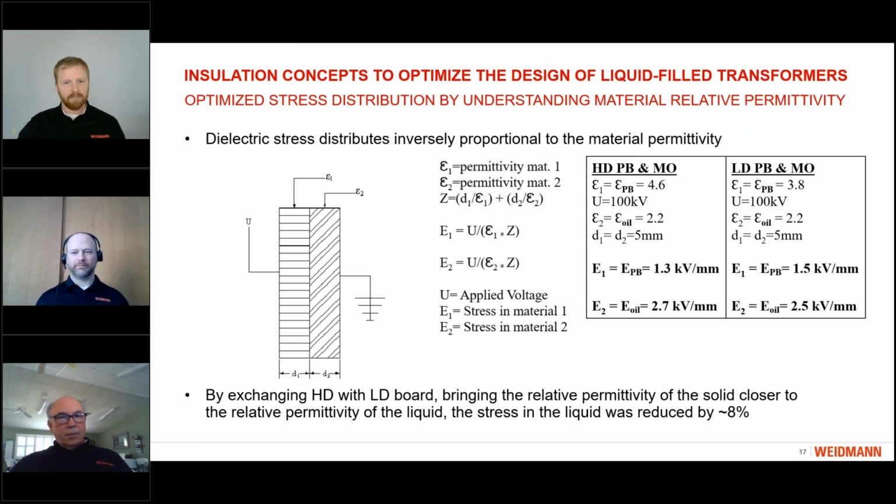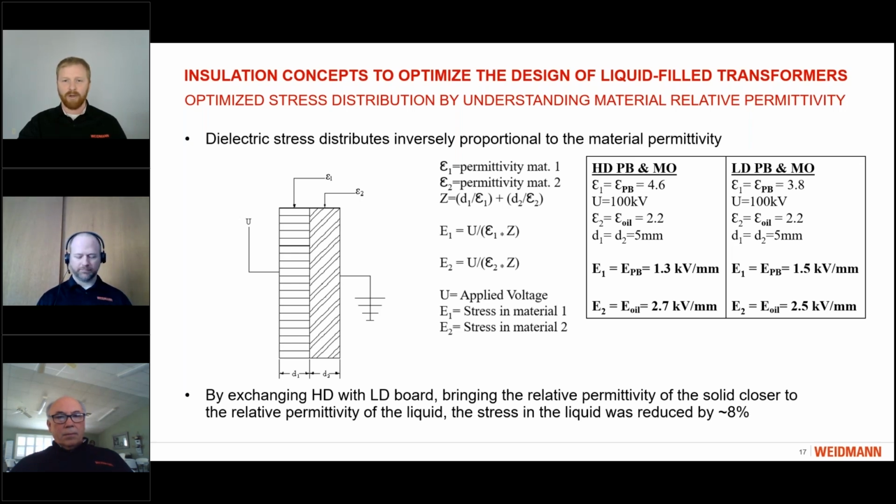All other conditions being the same, with the same applied voltage, transformer oil still at 2.2, and the dimensions of those materials being the same, we can see that the electrical stress within that system has shifted. The stress in the pressboard is 1.3 for the high density material versus 1.5 for the low density material, and the dielectric stress in the oil has shifted from 2.7 with high density material to 2.5 with low density material.